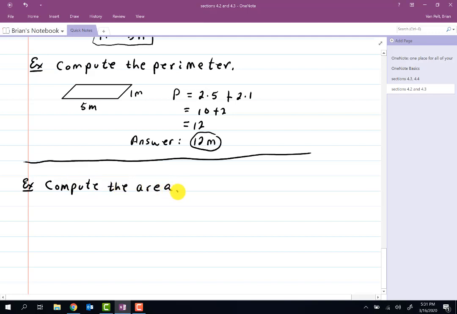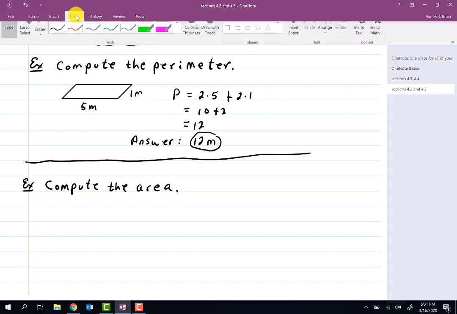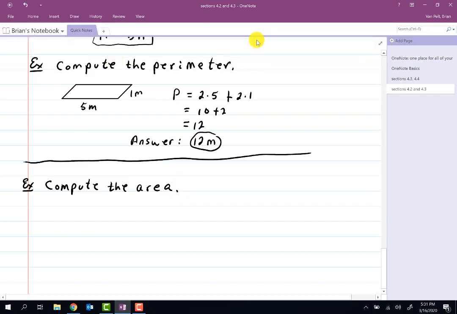Next, let's compute the area of one of these things. Let's see, down here I have 12 meters, and for this height here, it is 7 meters.